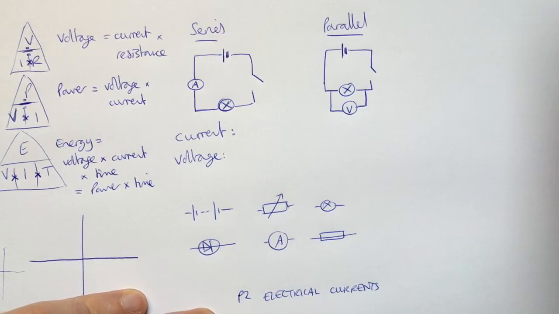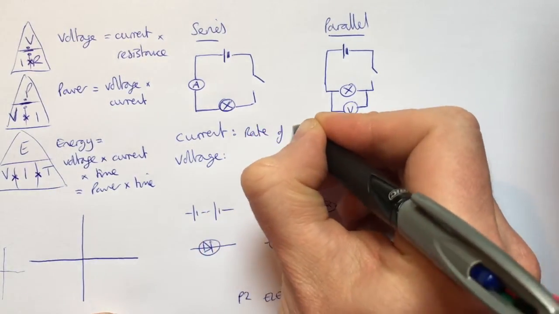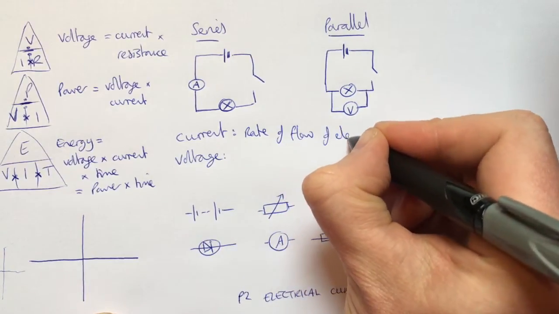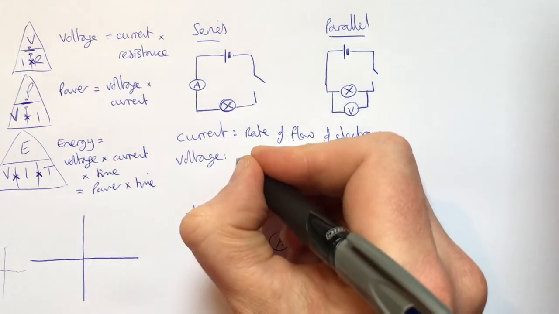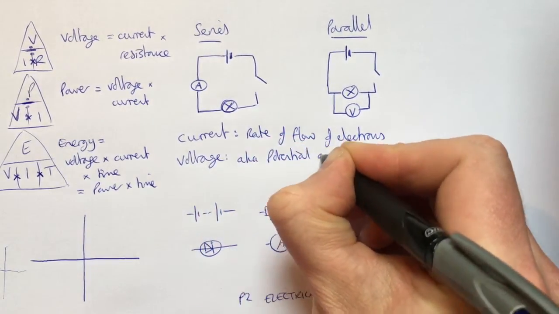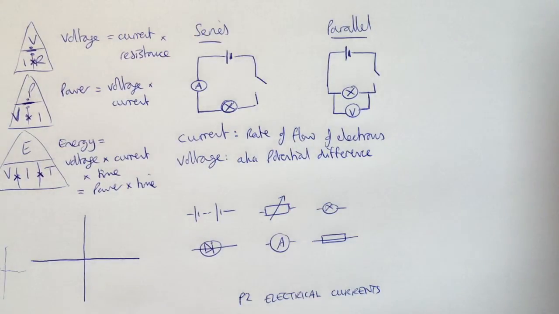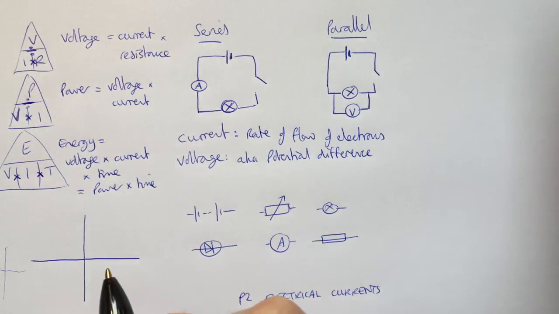So current, as we discussed in the last video, is the rate of flow of electrons around a circuit, and voltage, also known as potential difference, is the difference in electrical energy carried by the electrons before and after flowing through a component.